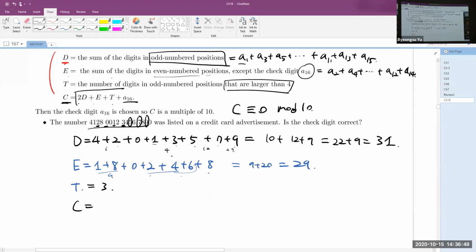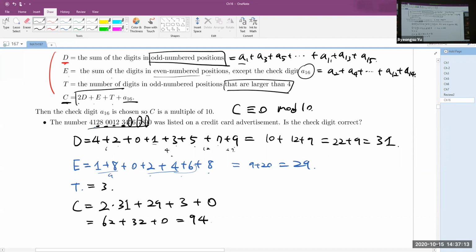Then your C is 2 times 31 plus 29 plus 3 plus the last number A16, which is just 0, right? So here, if you calculate this, then 62 plus 32 plus 0.